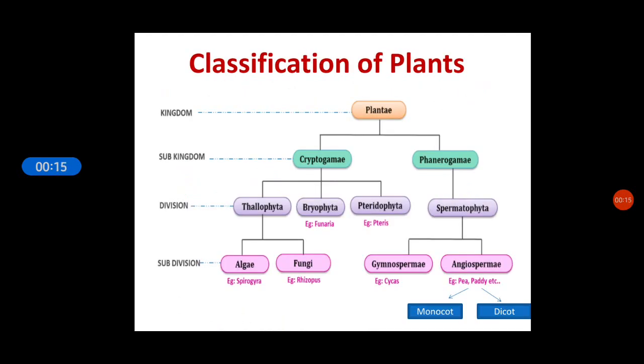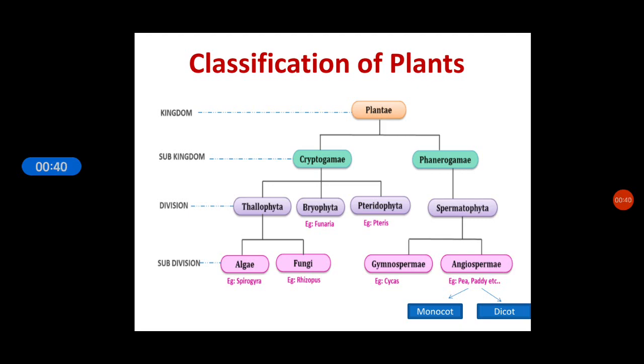All the plants are classified as follows. All the plants are included in the kingdom Plantae. Kingdom Plantae is broadly categorized into two categories, cryptogamy and phanerogamy. Cryptogamy includes all the non-flowering plants, while phanerogamy includes all the flowering plants.